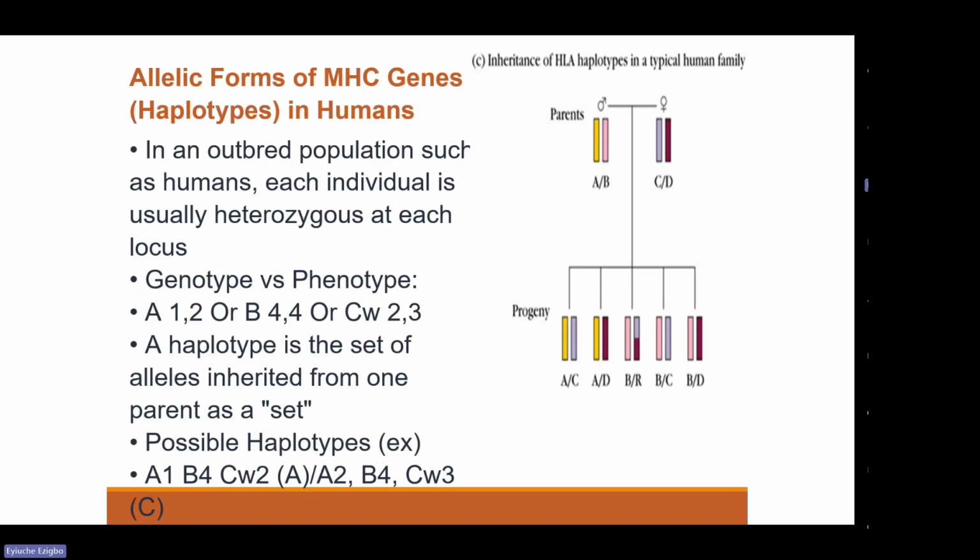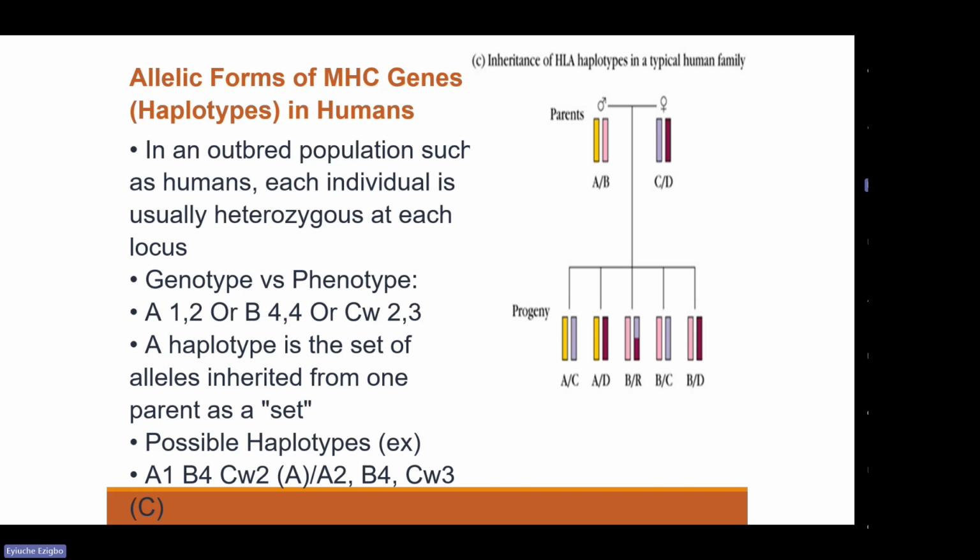So the allelic forms of the MHC gene, that is the haplotypes in humans, we are going to discuss the inheritance. In an outbred population such as humans, each individual is usually heterozygous at each locus, because you inherit from your parents. A haplotype is a set of alleles inherited from one parent as a set.